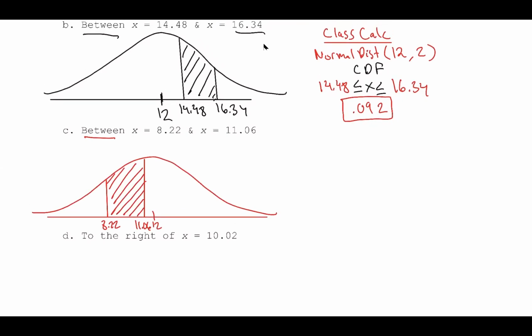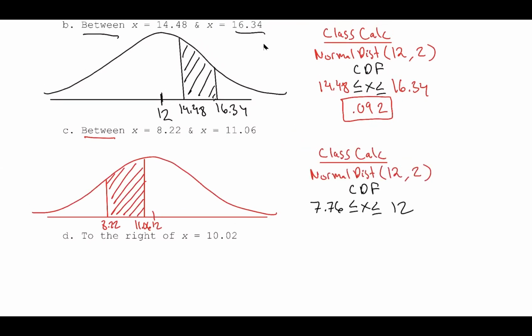So in class calc, pretty much everything's staying the same. The only thing that's gonna switch is my lower bound, my upper bound. So for my lower bound, we'll put 8.22. For my upper bound, we'll put 11.0612. So I'm gonna go ahead and do that in my calculator.